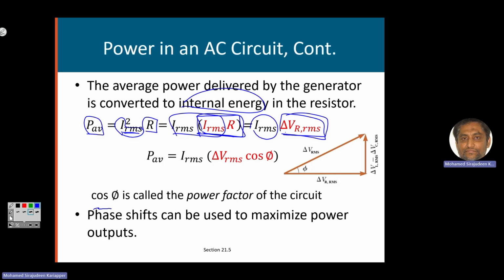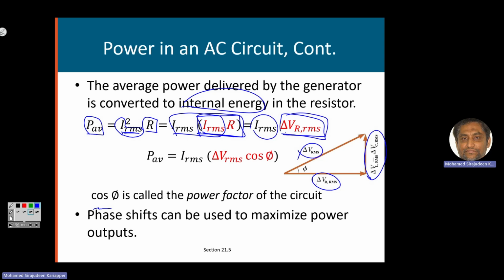Now I draw the phasor diagram again. So this is the voltage across the resistor. This is the difference between the potential across the inductor minus the potential across the capacitor. That means that is in the y-axis. So this is the total potential.